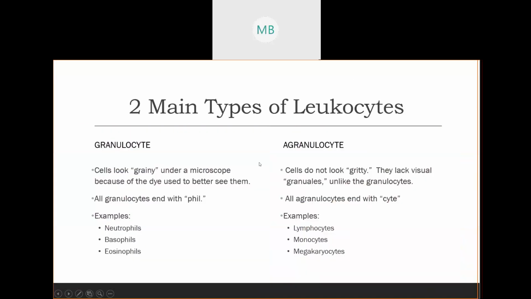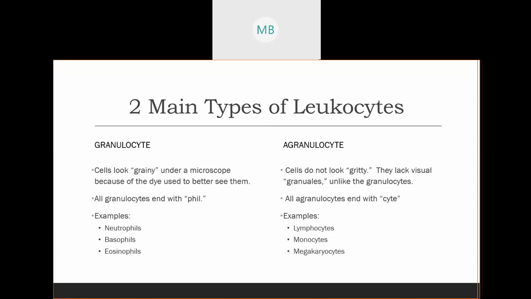Okay. So when we start talking about our leukocytes, there are two different branches or family groups of leukocytes that you should know. You have the granulocytes, from the word granula because they look grainy or granular. And agranulocytes. A in front of a word means not or against, right?